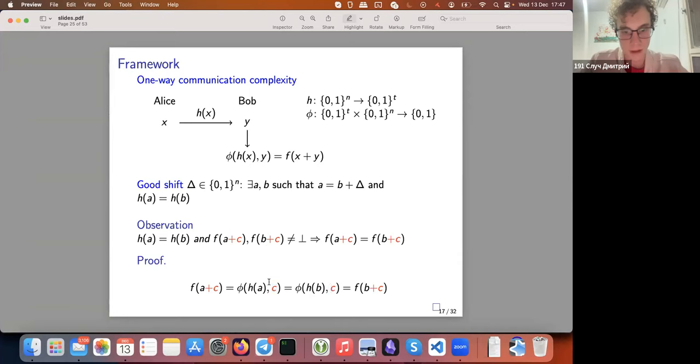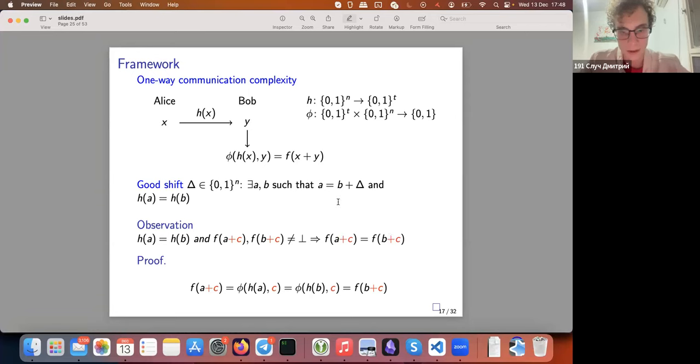So here the equality holds again because the value of this function must be equal to f because of this. And this equality holds because h of A is equal to h of B. And because of that, we got that if f is defined on a plus c and b plus c, and h is equal for a and b, then function f for a plus c and b plus c is also equal.